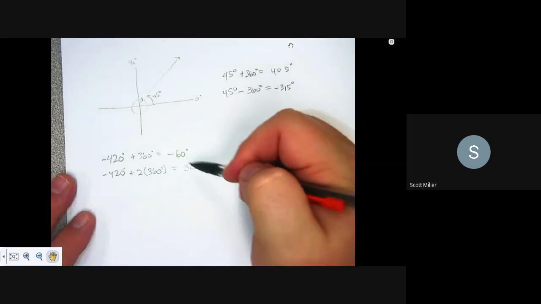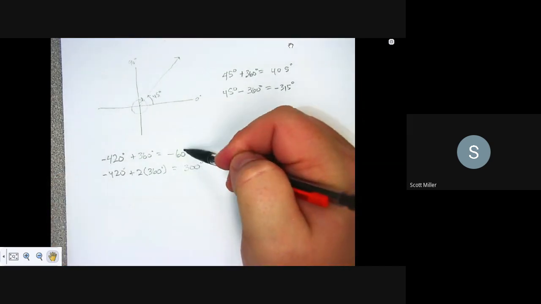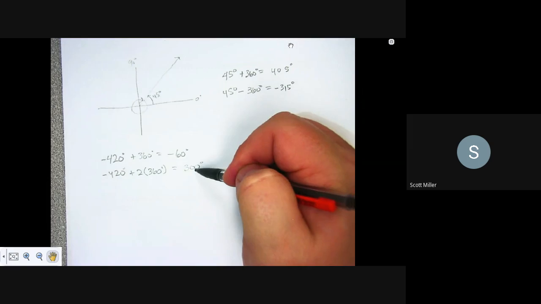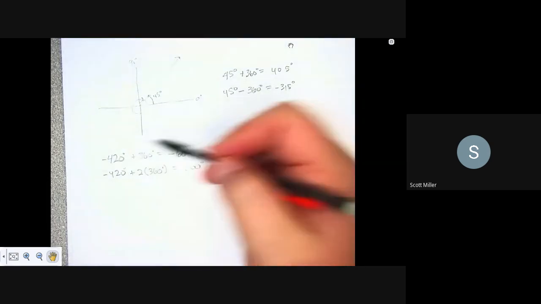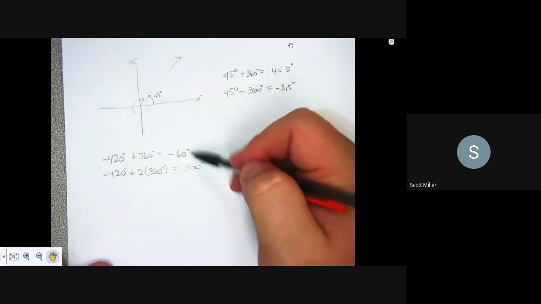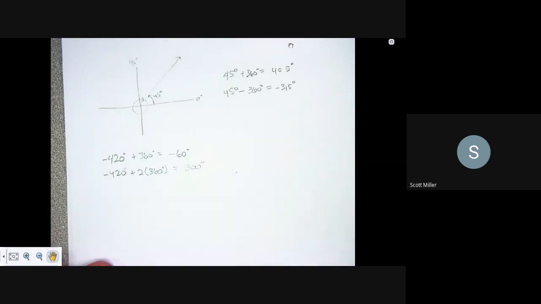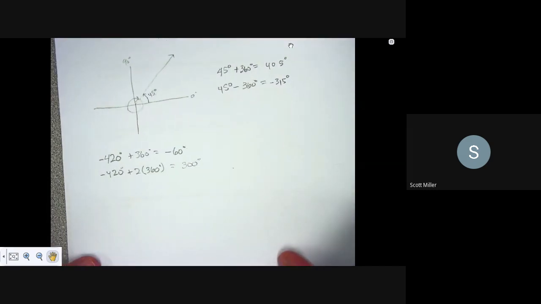So now I have a coterminal angle of 300. Negative 60 is coterminal to 300. Negative 420 is coterminal to both of those. But here's one positive and one negative. So you just do a multiple around until you get the positive or the negative, depending on what you're starting with.